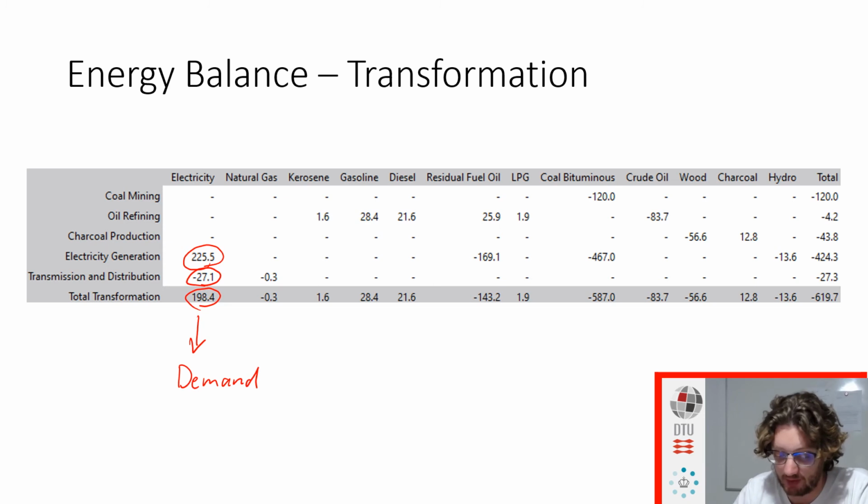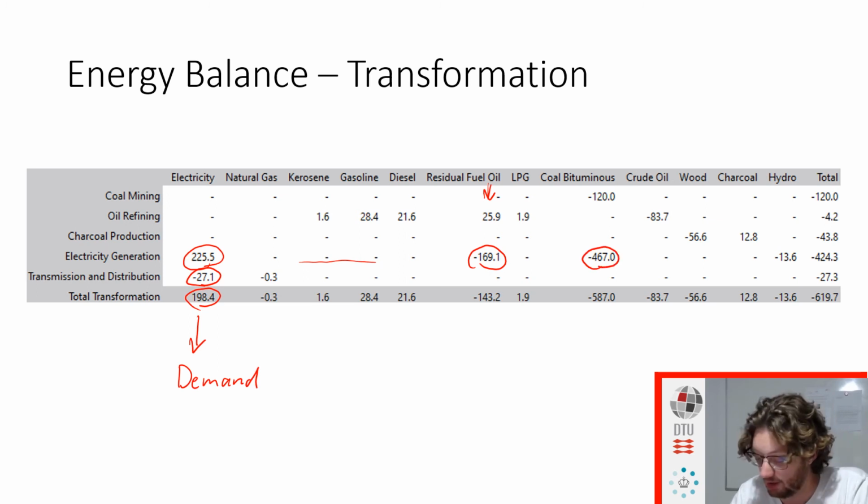And so where does all this electricity come from? Well, if we go over to the other fuels, we can see we consume quite a lot of fuel oil to make electricity. We consume a lot of coal to make electricity, and a little bit of hydro. So that's how we produce our electricity generation.